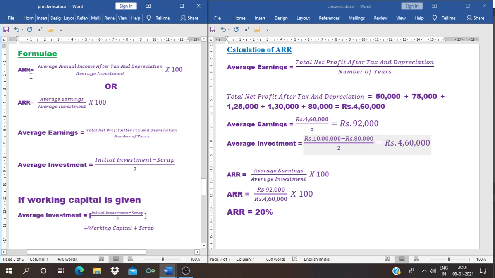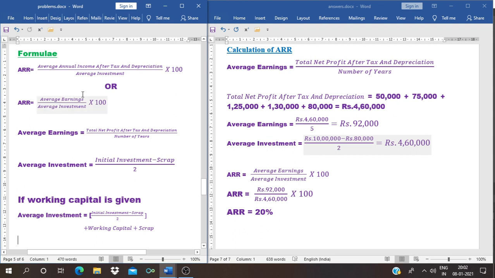What is the formula for ARR? Average annual income after tax and depreciation divided by average investment into 100. Or one more formula for calculating the ARR: average earnings divided by average investment into 100.